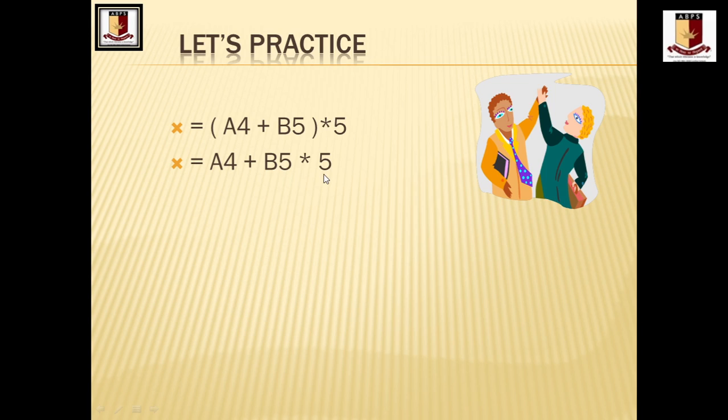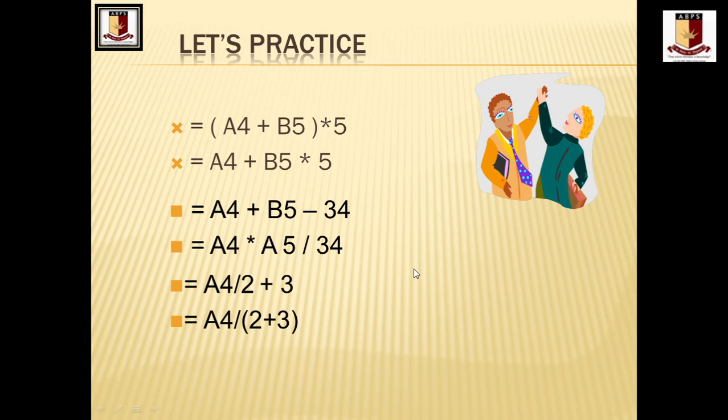So 5 times 5 is 25, and after this, 25 and this 5 will be added. So this becomes 35. Similarly, you can do practice on your own PC, and you can check how these results are coming.